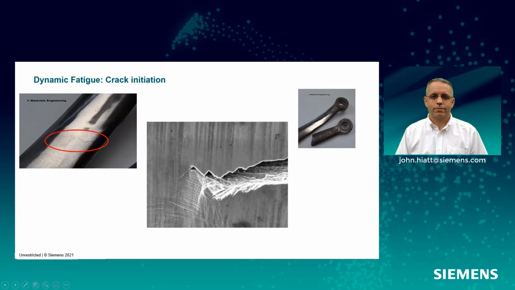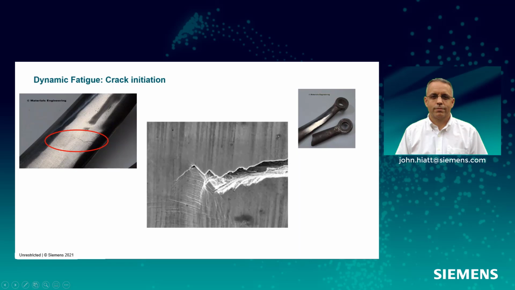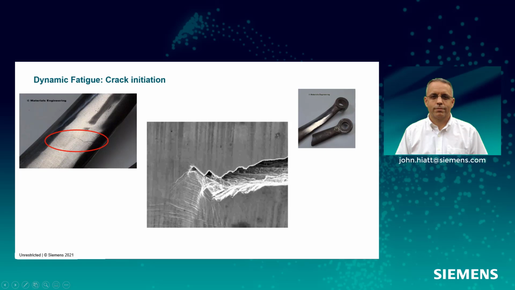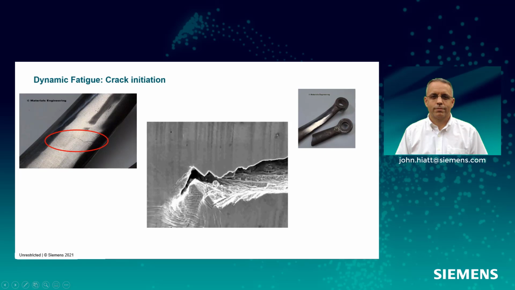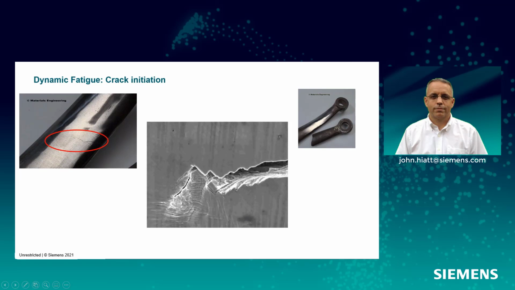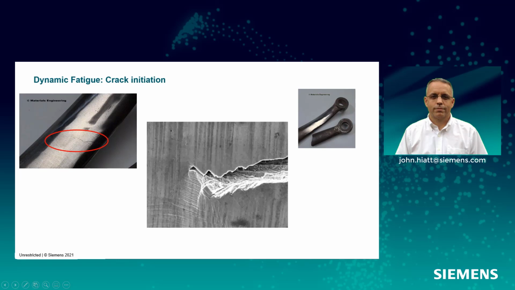So what is a crack? Well, all materials have these microscopic imperfections. Then we take the part, put it in, and load and unload it, load and unload it, and eventually that crack starts to propagate in the metal.